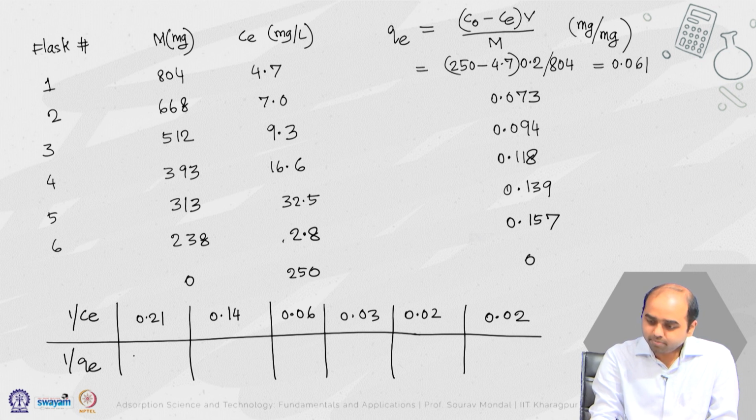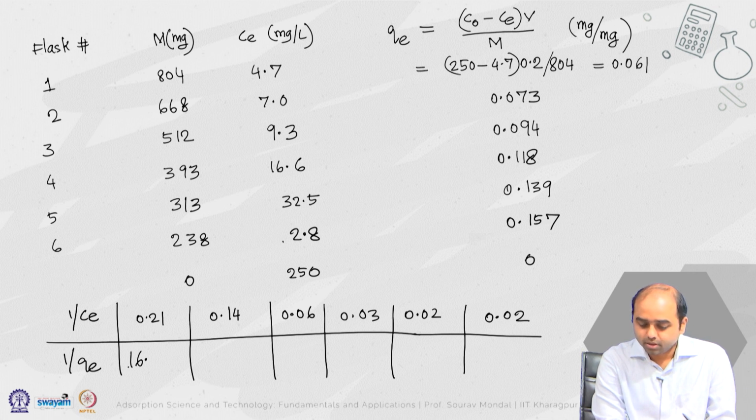The 1 by Qe values are obtained by inverting these values that we have calculated.